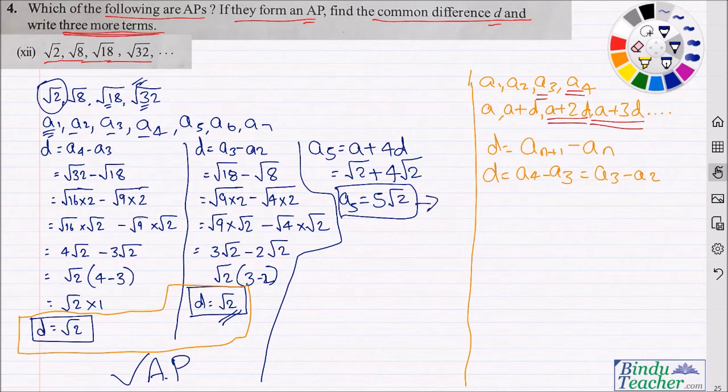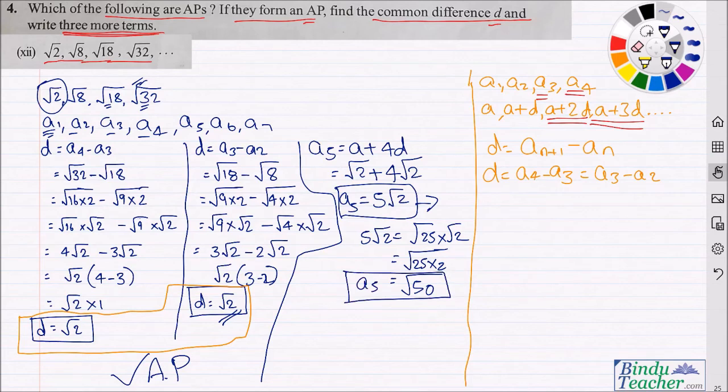I'll take the same value again, 5 of root 2. This can be written as root of 25 into root of 2, which becomes root of 25 into 2, which becomes 50. So now the value of a5 is root of 50.